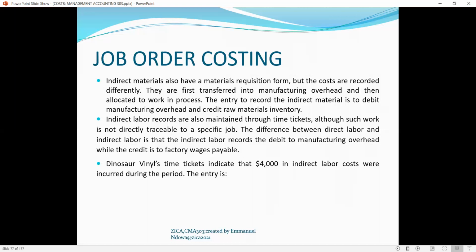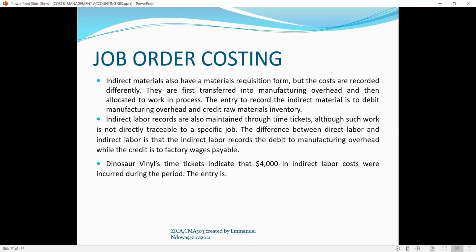But we are concerned only with the labor employed to produce 100 mite markers. So first of all, it is going to credit the wages payable, and it is going to debit the manufacturing overhead account, because that account is the one which is going to bear the cost of the whole production unit.